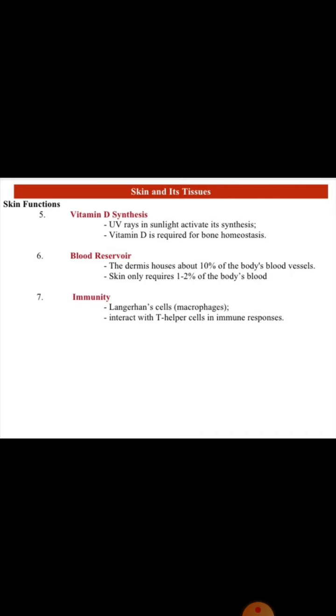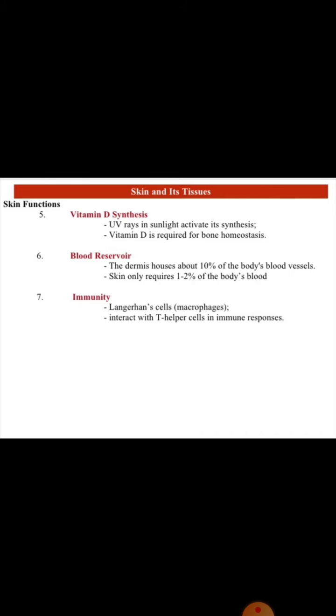Then blood reservoir. The dermis houses about 10% of the body's blood vessels, while the skin only requires 1 to 2% of the body's blood. So the dermis stores body blood, and it is also known as the blood reservoir.